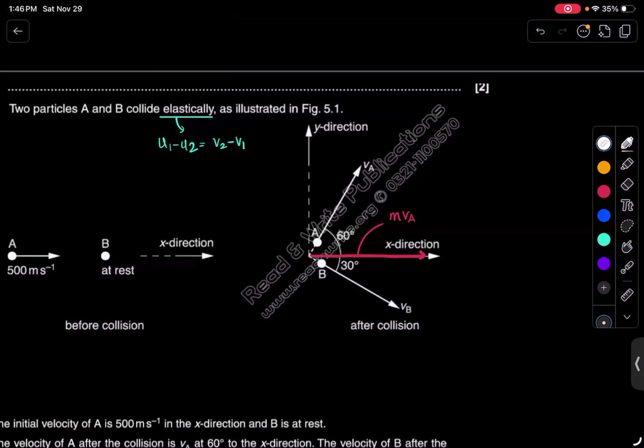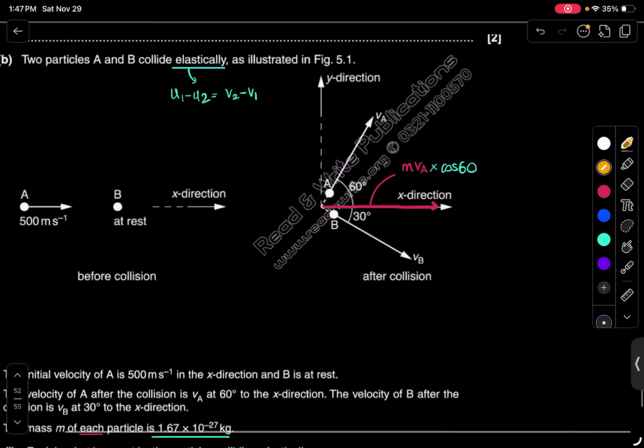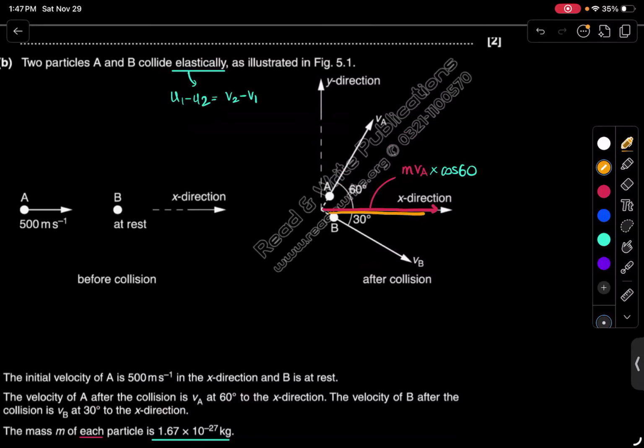Sine 60 or cos 60? Yes, Kaima. What would be the horizontal component of ball A? MVA cos 60 or sine 60? Cos 60, absolutely. It's horizontal. Then, what is going to be the horizontal momentum of ball B?